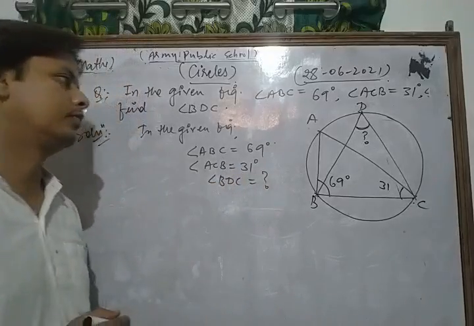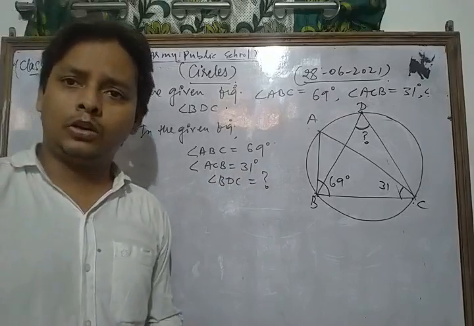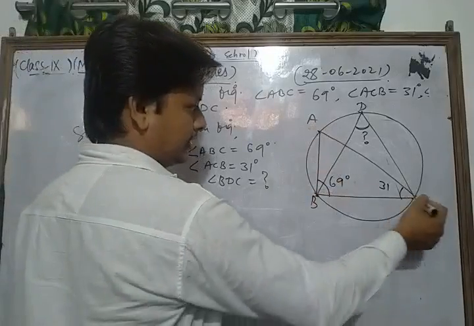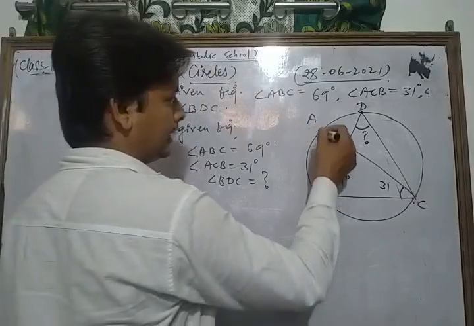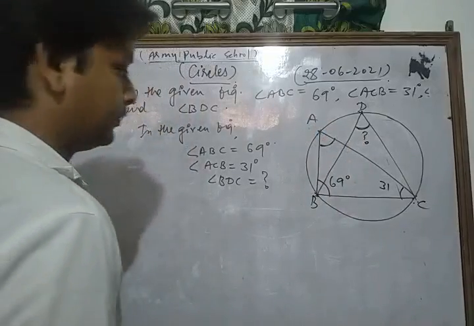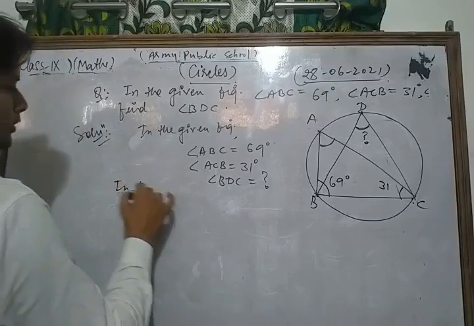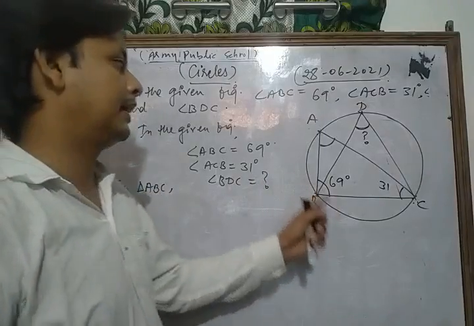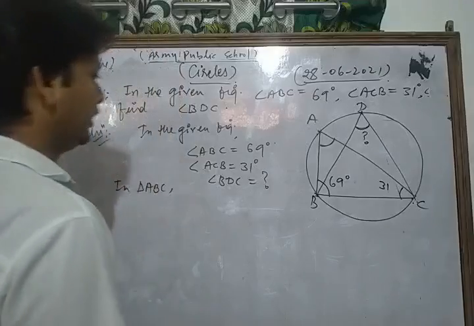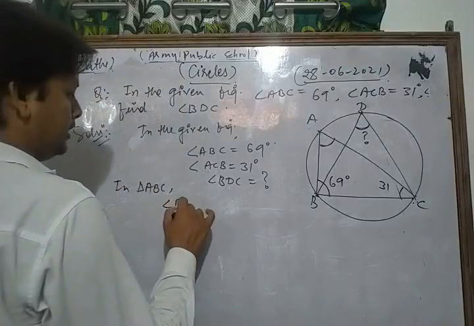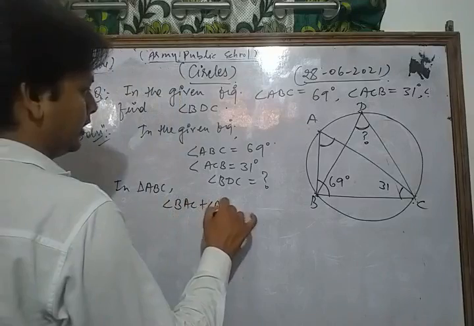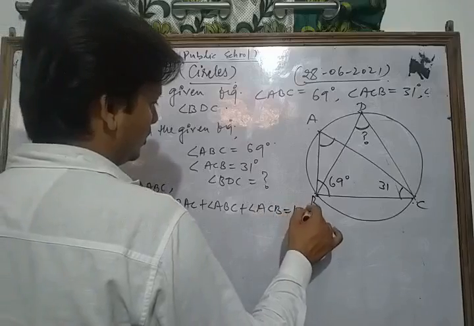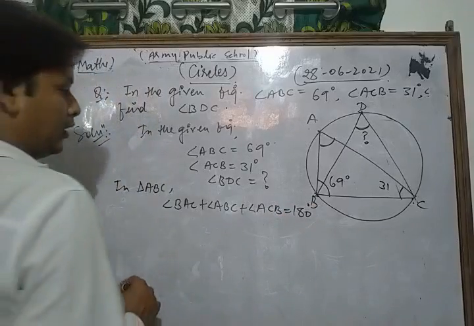Now dear students, in the given figure, first of all we take triangle ABC, and in this way we find angle BAC. Let's see, in triangle ABC, we apply the angle sum property of the triangle, that is angle BAC plus angle ABC plus angle ACB is equal to what? 180 degrees, because of the sum of all angles of a triangle.